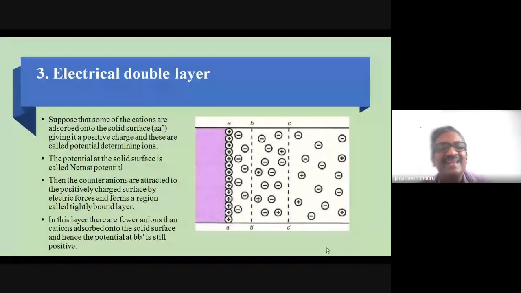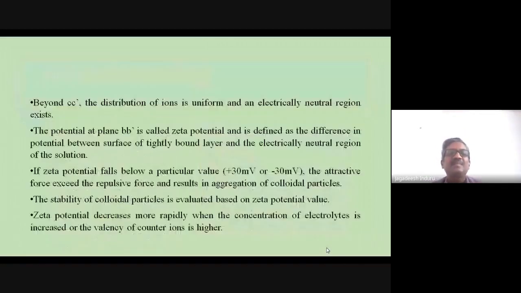So in this AA region, even though it exists and we are reading it, we don't consider it in our isoelectric point. For our charge neutralization, we consider only the interface B, B dash, B naught. Whatever is present there is called the zeta potential. The BB layer plane is the zeta potential.